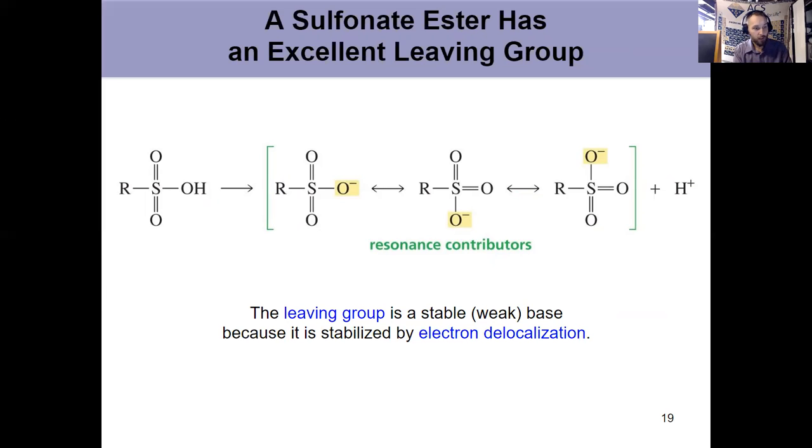So that stabilization from electron delocalization means this leaving group is now 100 times better than chloride was as a leaving group. That's terrible grammar, but it's better than chloride and way better than an alcohol. So it's really good as a leaving group.